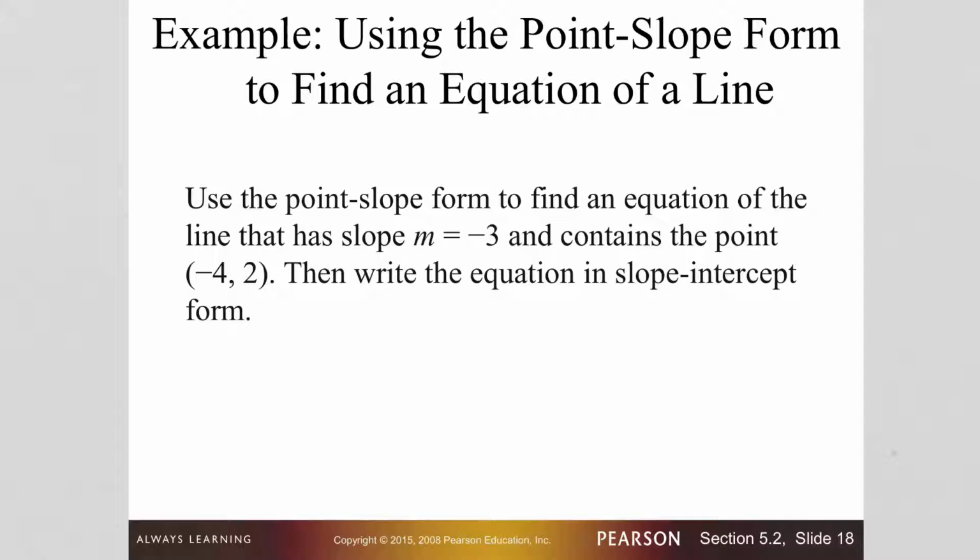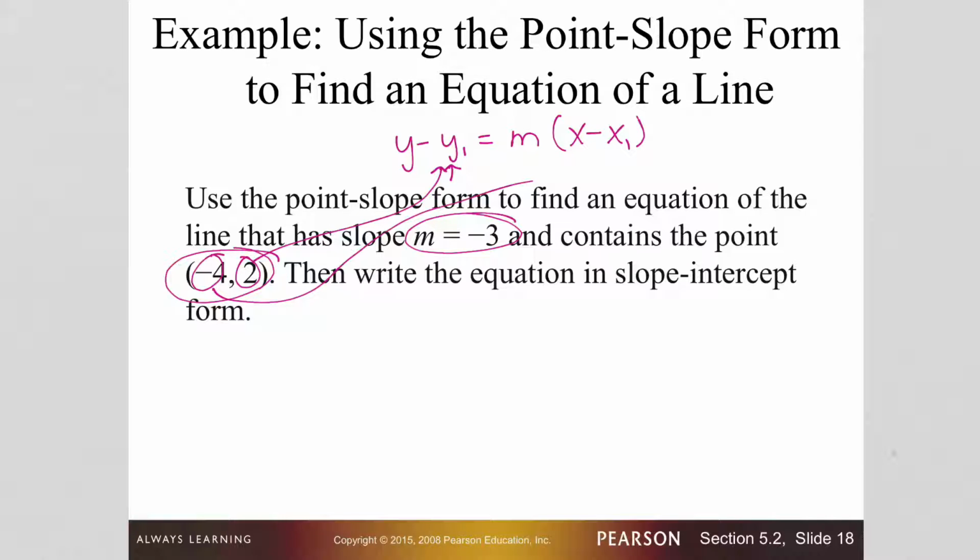Okay, so if I use this formula, y minus y sub 1 is equal to m times x minus x sub 1, and I'm using this information right here, I'm going to plug in this right here, that goes right there, this goes over here, and this goes, oops, right there.